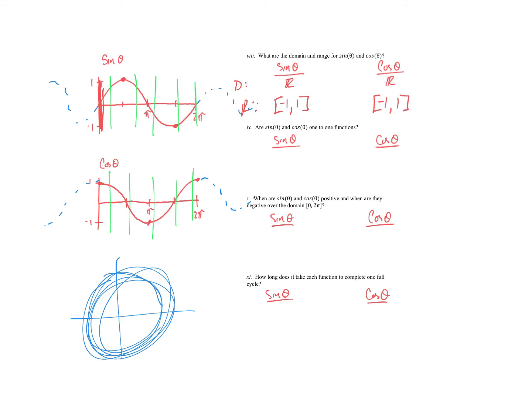And the answer to that is no, because I can prove that each of these fails the horizontal line test. Right there, sine fails. I could pick cosine and it fails here and here. So not 1-to-1. And let's make a note. Fails the horizontal line test. Both of them do.